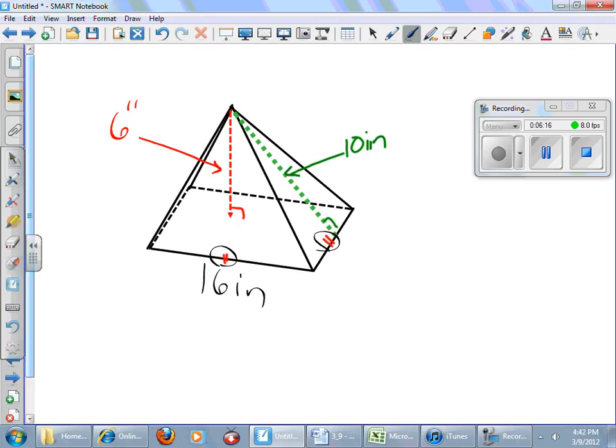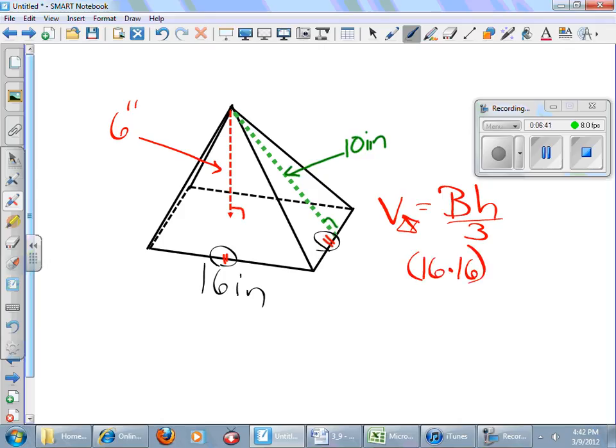All right, if you've unpaused at this point, I'm assuming that you're ready to see my solution. Now remember, the volume of a pyramid is area of the base times the height divided by 3. Okay, area of the base times the height divided by 3. Well, the base is a square, so it's 16 times 16.